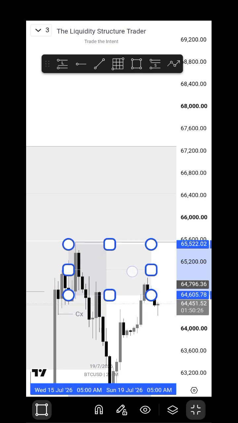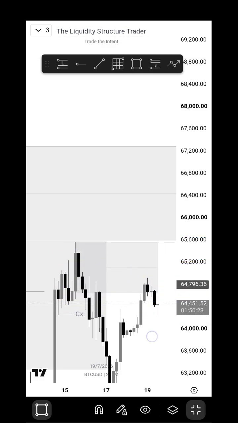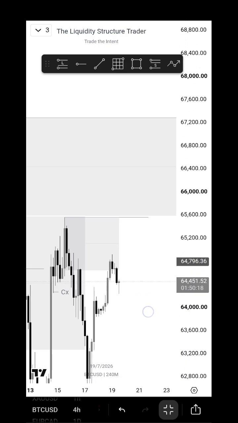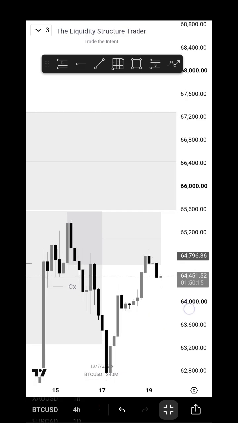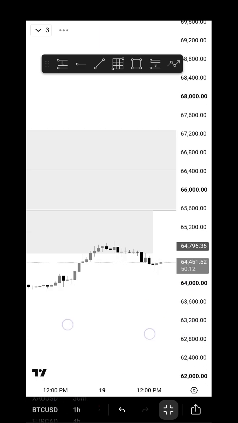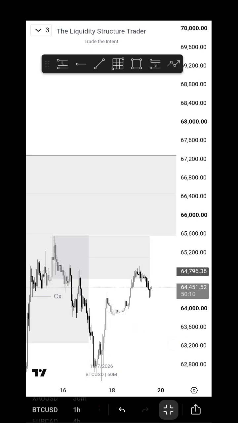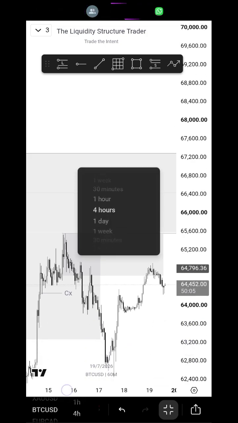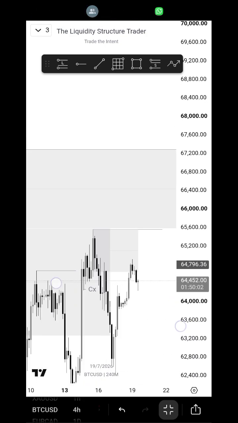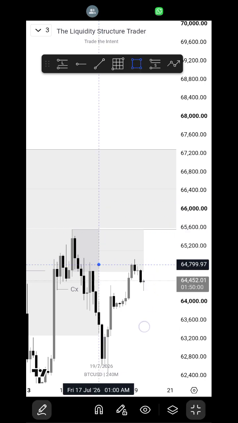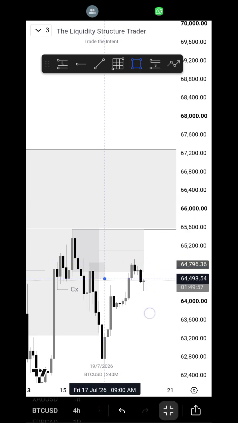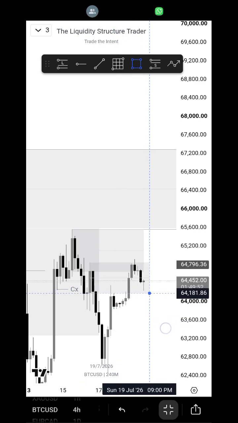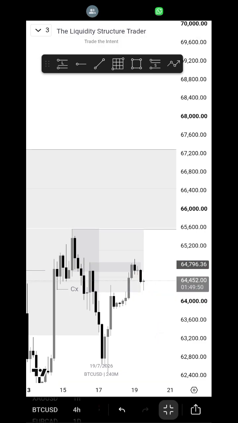However, we'll be using this order block since the market has tapped into that, and we'll be looking to begin to take our entries. And this 4-hour order block, I've also been marking as my order block as long as price hasn't broken through it. We only swept that high.